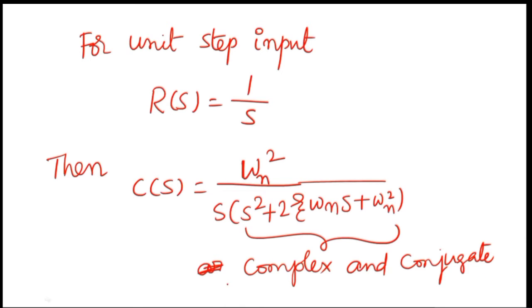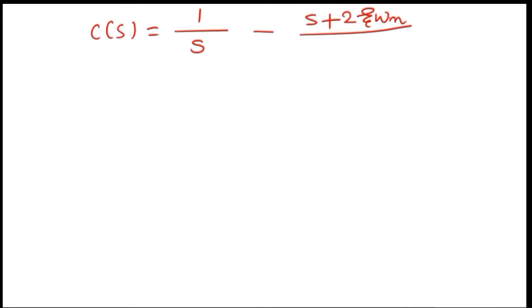For that purpose, I am writing C of s like this. C of s is equal to 1 by s minus s plus 2 zeta omega n divided by s square plus 2 zeta omega n s plus omega n square.